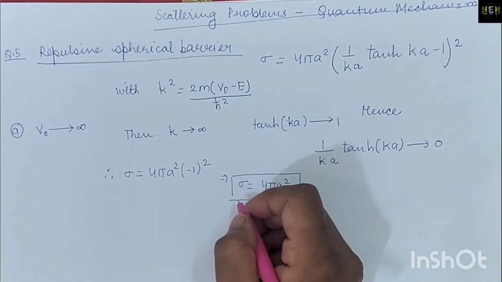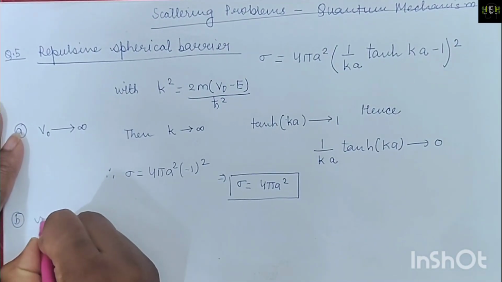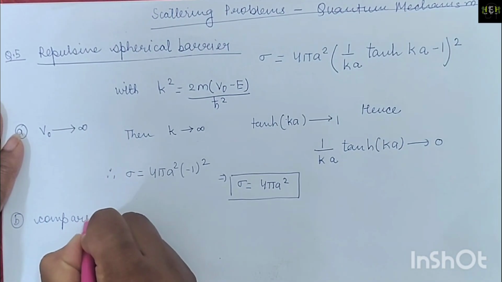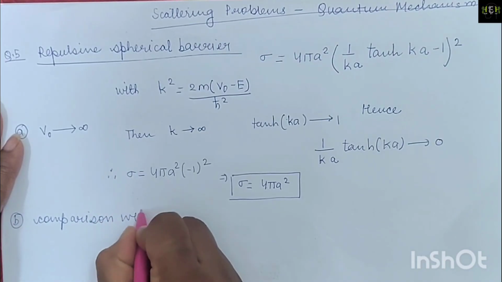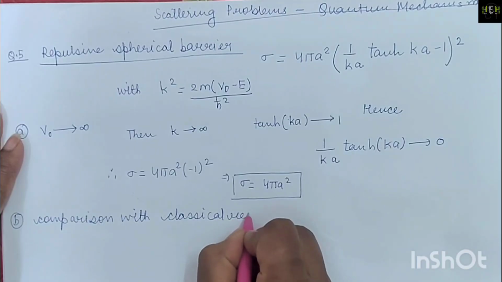Now I will compare, they are asking about the comparison with the classical result. So the B part is comparison with the classical result.